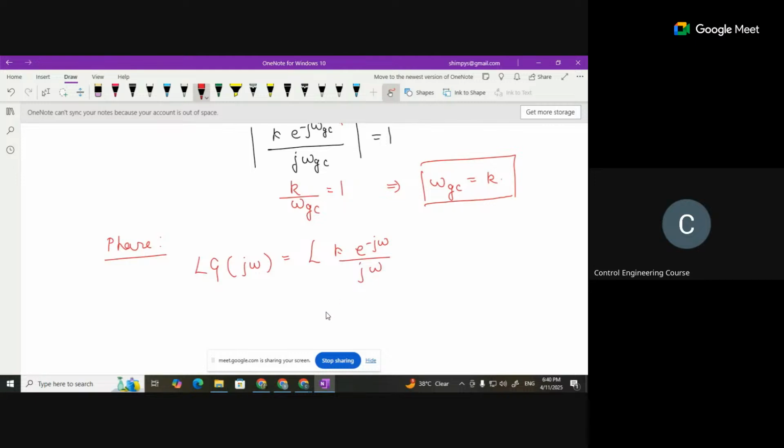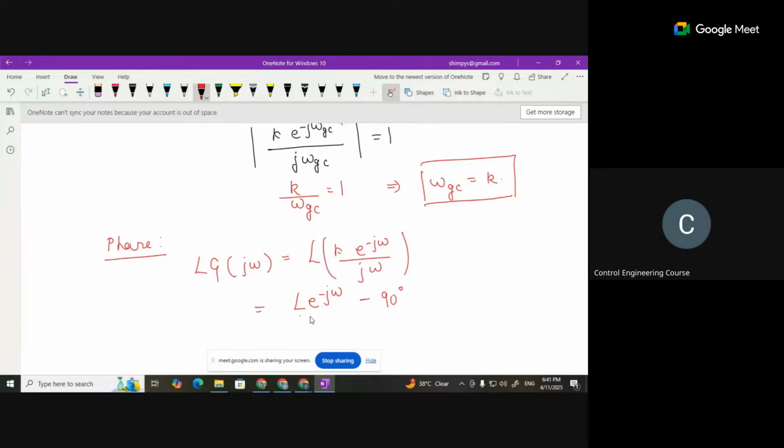Fine. Now, what will be the angle that I have to find out? This pole at j omega is contributing an angle of 90 degrees. This K is a constant. I can write this as e to the power minus j omega, and the pole contributes 90, so it becomes minus 90, right?